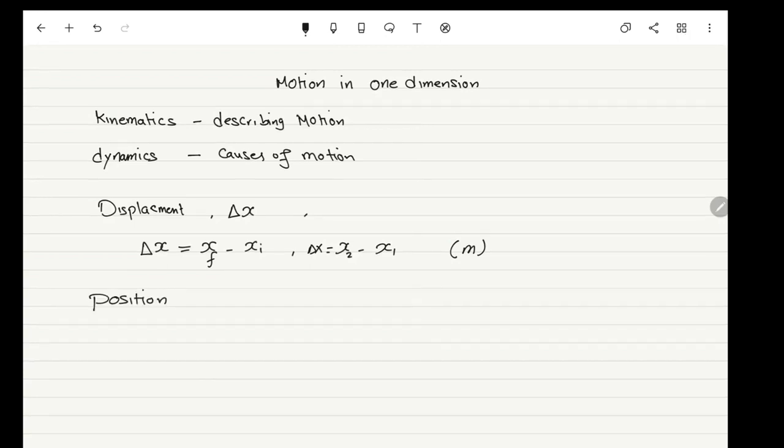The position of an object at any time t is given by its x coordinate. Displacement, as we mentioned before, is the change in its position, so x final minus x initial.